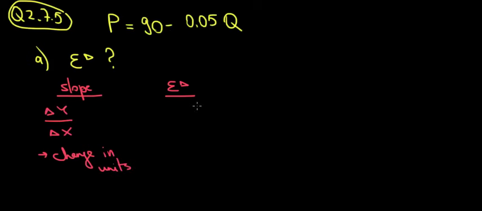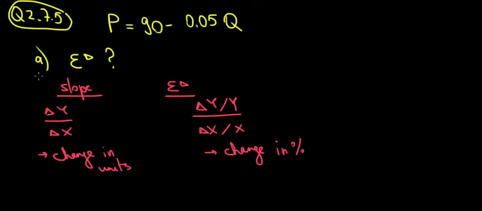What does the elasticity show? Well, the elasticity shows the change in y over y divided by the change in x over x, which shows us a change in percent. And that's the whole difference. The units and the percent. That's the key point to remember about the slope and the elasticity.